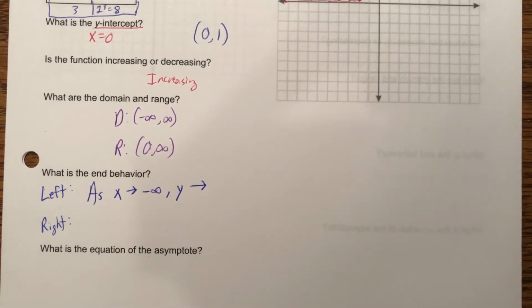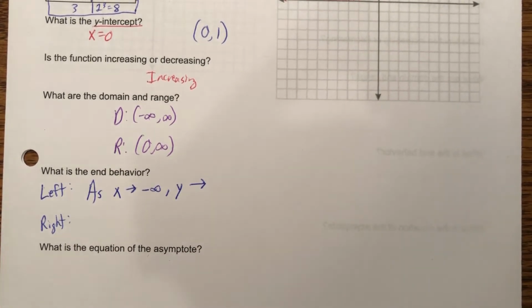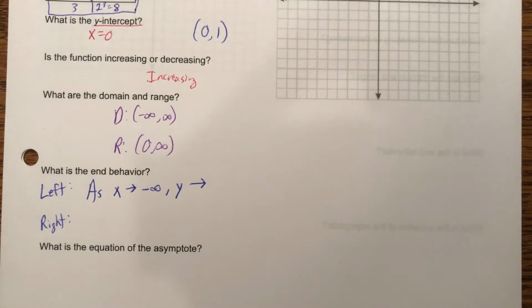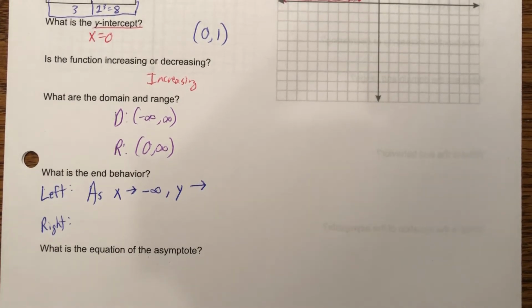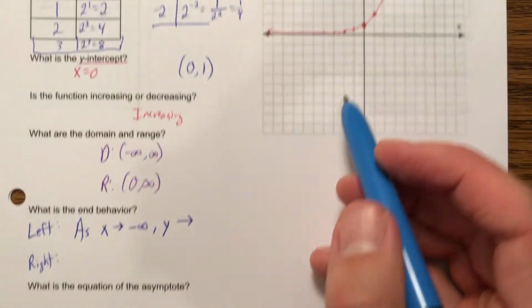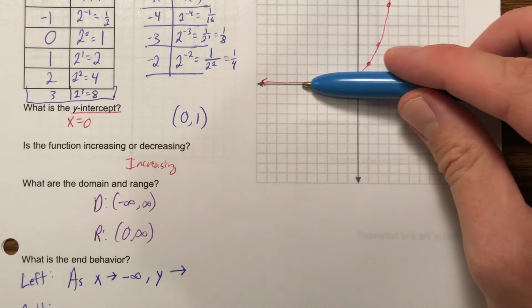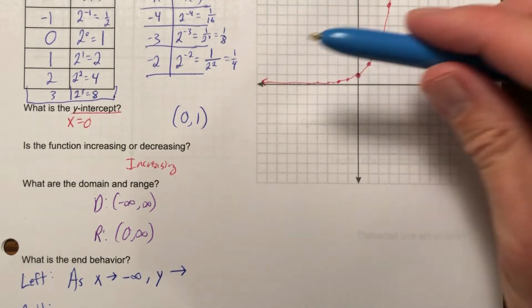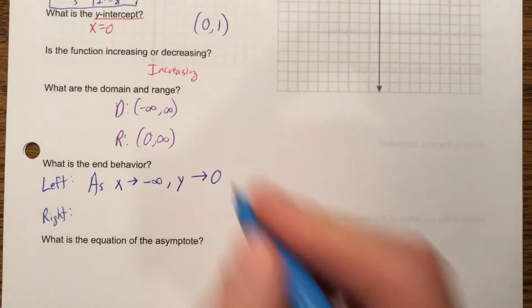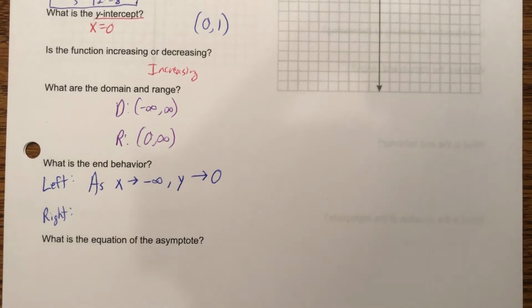That's actually a mathematical symbol that we will use. So as x approaches negative infinity, y approaches, okay, so what's the y doing? Well, the y is getting closer and closer and closer to 0. So y approaches 0. It never reaches 0, but it gets close to 0.